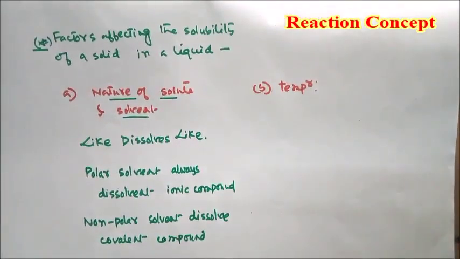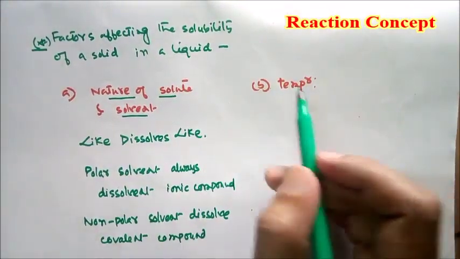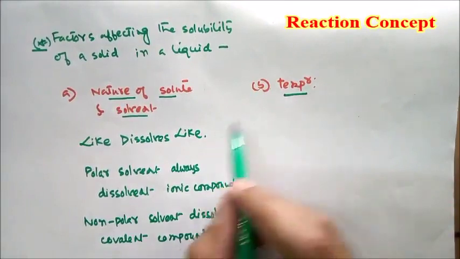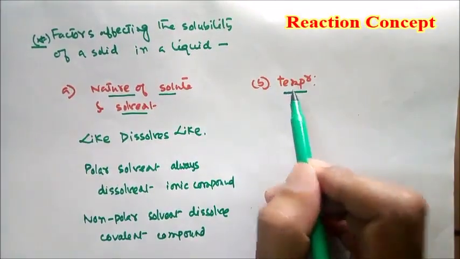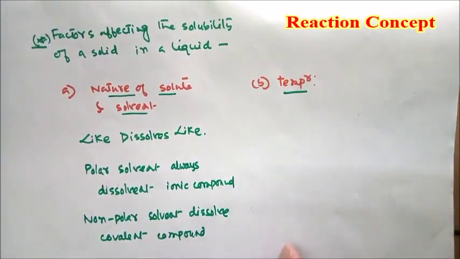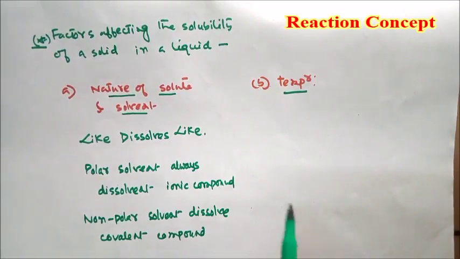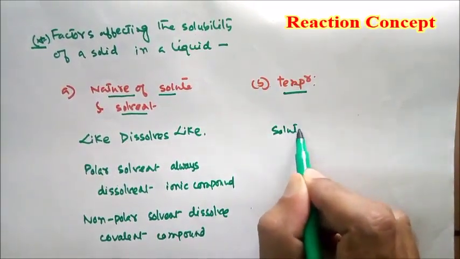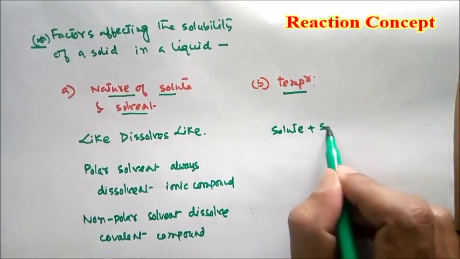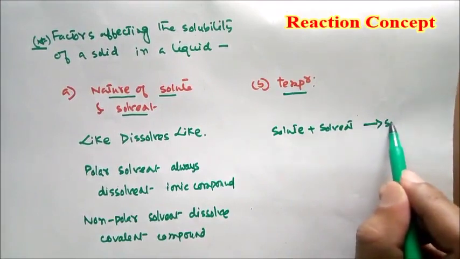If you consider the effect of temperature on the solubility of a solid in a liquid, then we will say there are two types of reaction. This effect will depend upon the type of reaction obeyed by the dissolution process. When we add a solute to a solvent, we get the solution.